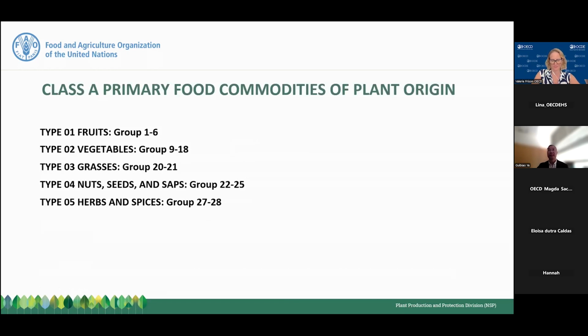And I think for us, the most important is class A, primary food commodity of plant origin. In this, we have five types of crops. The first type is fruit, second is vegetable, and third is grasses, including the cereals we eat, and the nuts and sap. And the last one is herbs and spices, also so important.